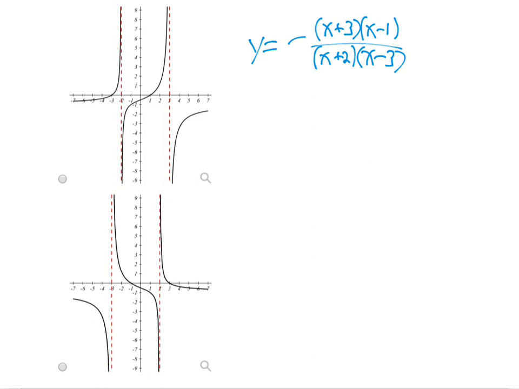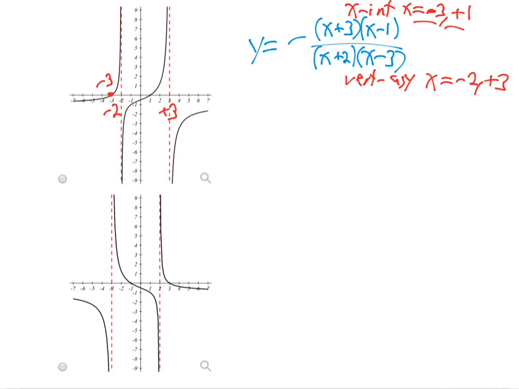And we're saying, okay, these are the x-intercepts, -3, +1. And these are the vertical asymptotes, -2, +3. So, okay, -2, yeah. +3, looking good. X-intercepts at -3. Yeah, that's hitting at -3. And +1, yeah. That's looking good.